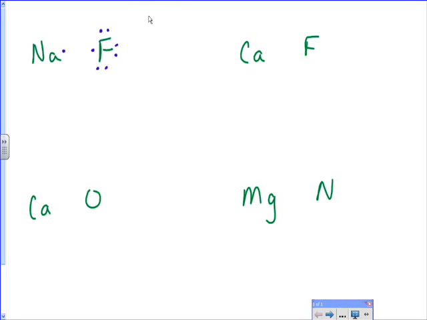So one rule, if you want to jot down steps for drawing bonds, the first rule is move unpaired electrons to the middle, okay? So that means in the middle of the two atoms. And the reason being, you're going to see in just a second, it's because the unpaired electrons are actually what bond.